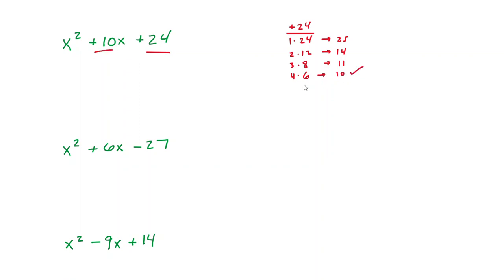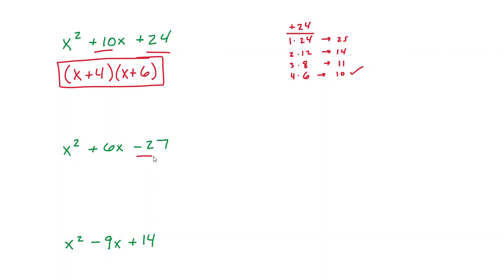So I don't need to finish this off. I could keep going, but I could write the negative versions, but I don't need to because I found the one that works. So x plus 4, x plus 6, and that's all she wrote.